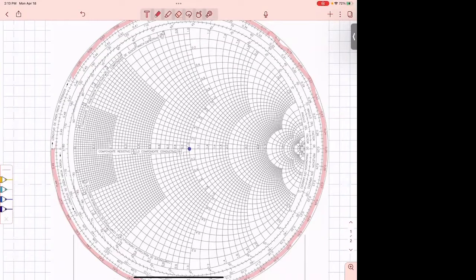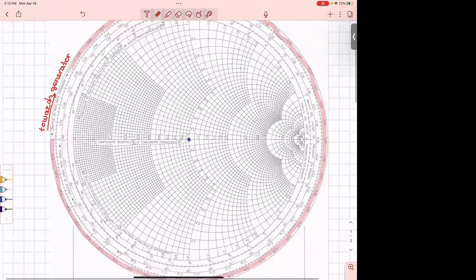But if you look at the other Smith charts, it will say towards the generator, all right? So here, it says towards generator. So obviously it's a movement, all right?